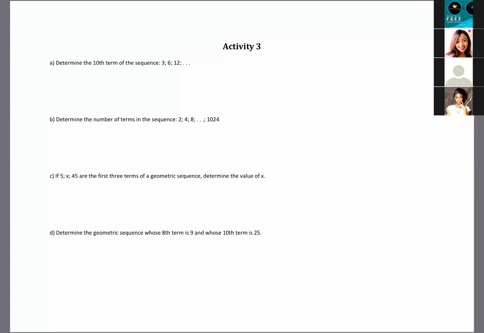So they said that T8, which is my 8th term, is equal to 9. Now remember that this is my general formula: Tn is equal to ar to the power of n minus 1, right? So this 8 is my n. I'm going to substitute the T8 with this.